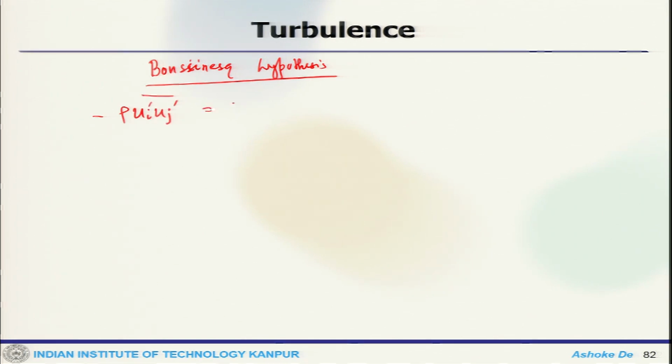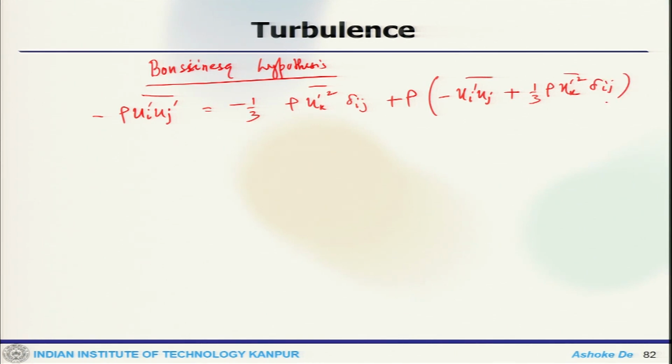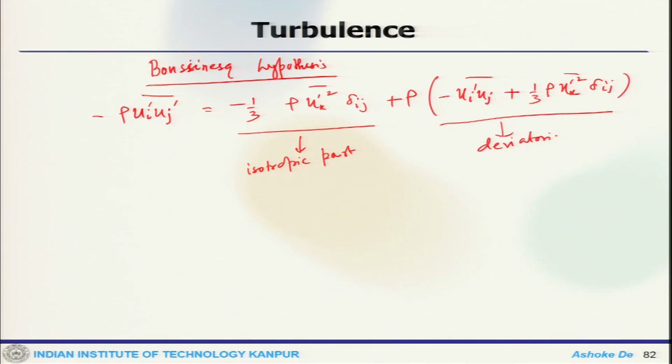So, this term we can write as 1/3 rho u_k prime squared delta_ij plus rho minus u_i prime u_j prime plus 1/3 u_k prime squared delta_ij. So, this term is the isotropic part and this is again the deviatoric part.